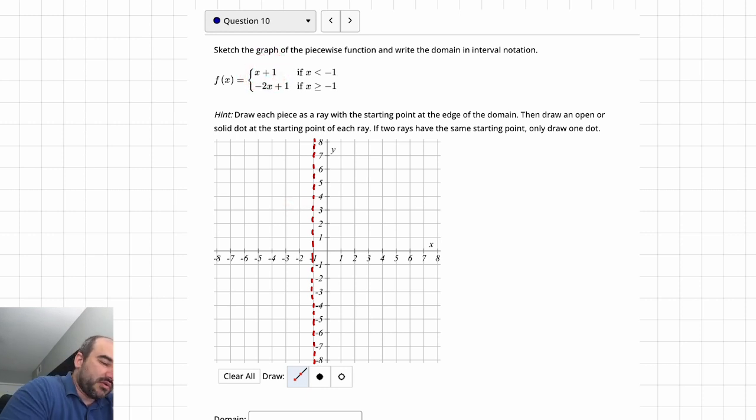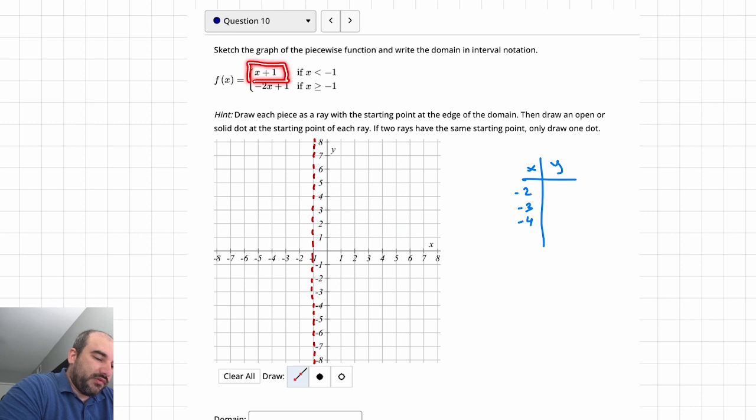So easiest, quickest way to do that would be to do a quick xy table. If you don't want to mess with the slope and the intercept and all that, you can just start plotting points to the left of that line, like -2, -3, and -4. When you plug in those numbers into this first function, we just add 1 to them.